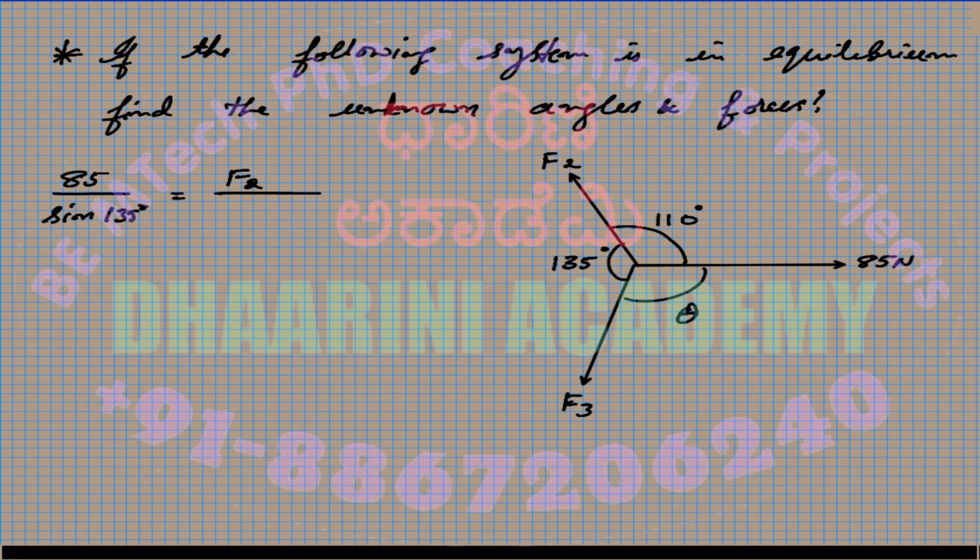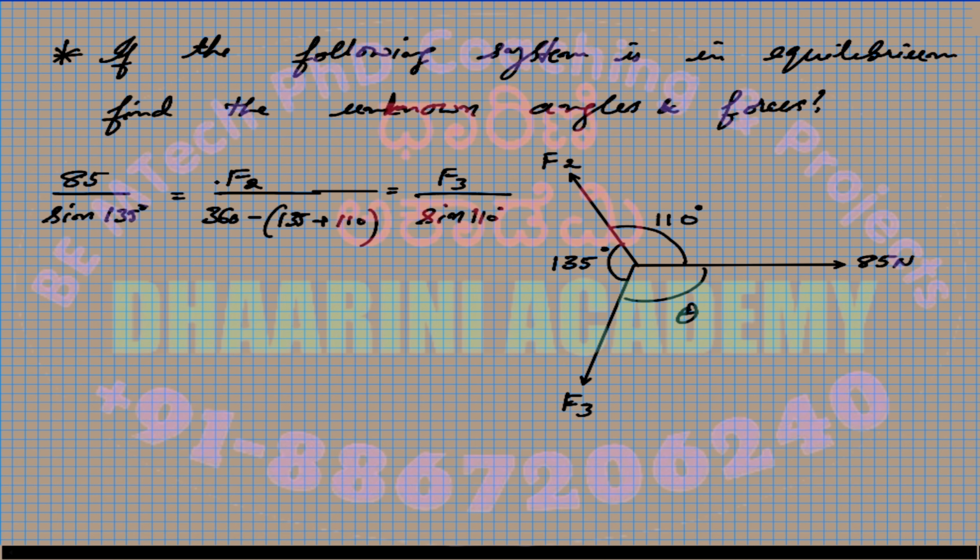I want to find F2, but I don't know theta. I can find it: that is 360 minus (135 plus 110). Should be equal to F3 divided by sine of 110 degrees.